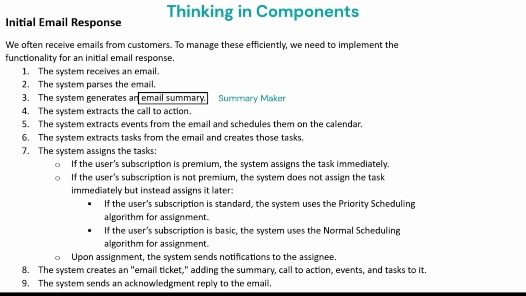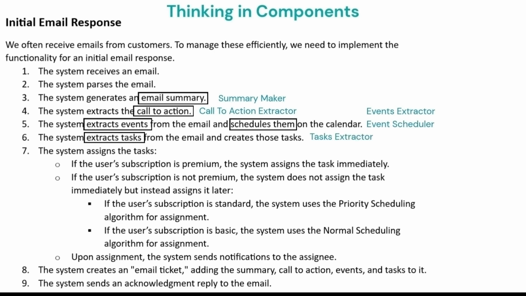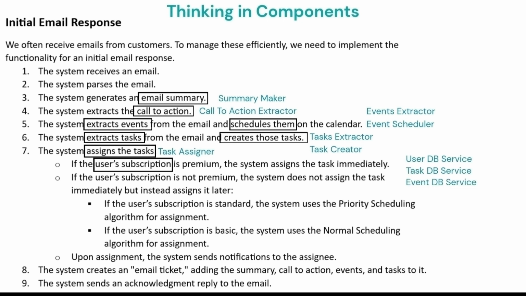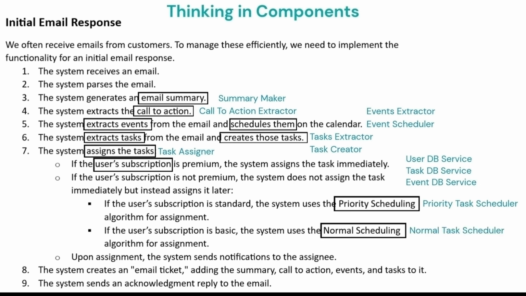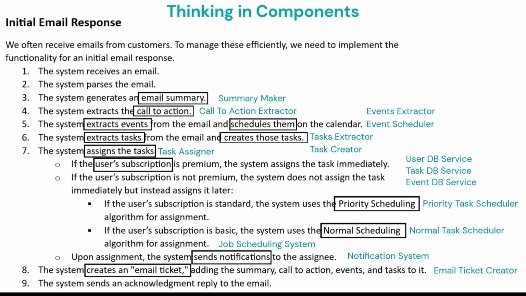A summary maker, call to action extractor, events extractor, events scheduler, task extractor, task creator, task assigner, a component to access user data from database, and similarly, data access components for task and events, a priority task scheduler, a normal task scheduler, a scheduling system, a notification system, email ticket creator, an email replier. These are the components that we need.